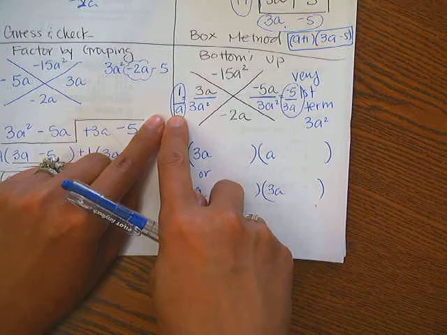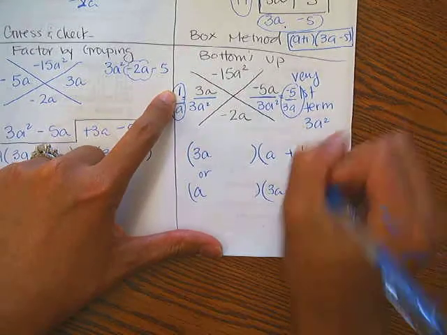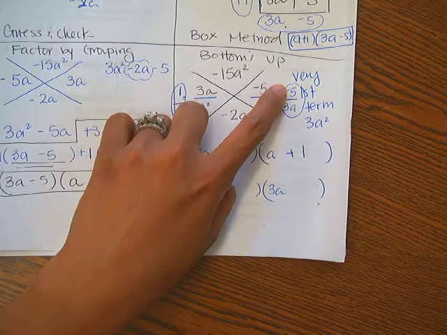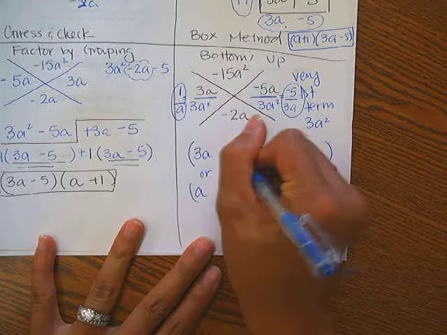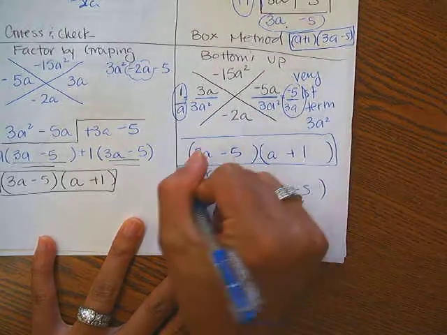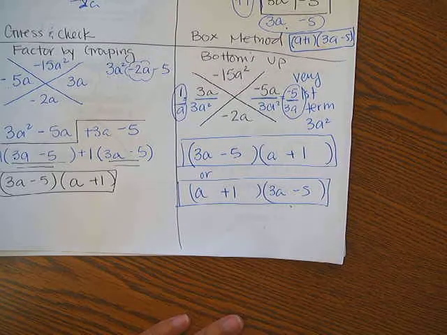Now, this is a plus 1 because that's a positive 1. So a plus 1. And this is 3a minus 5. So that's 3a minus 5. All of these, no matter the method, you should always come up with the same exact answer.